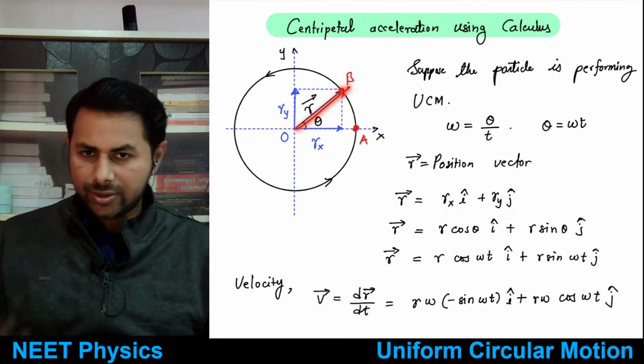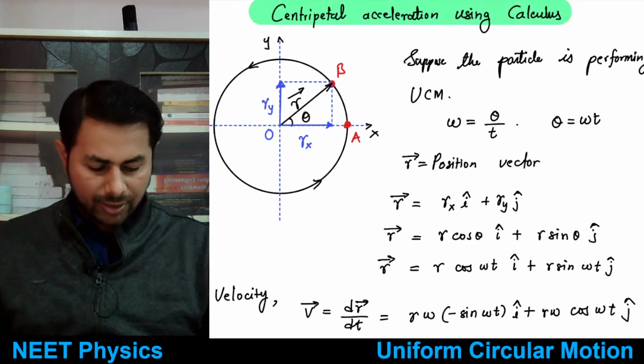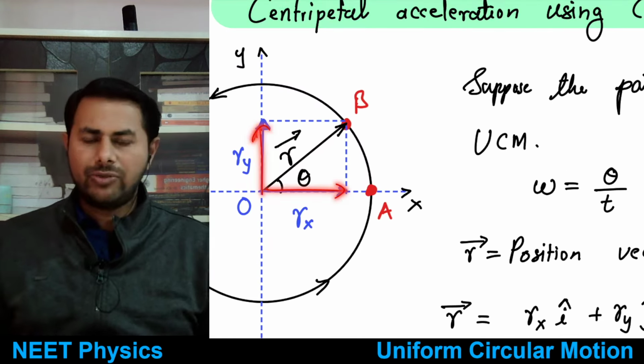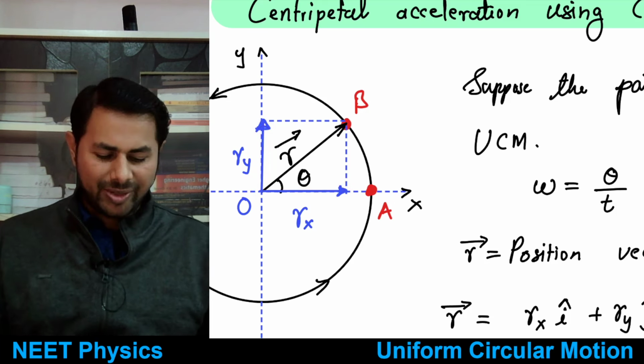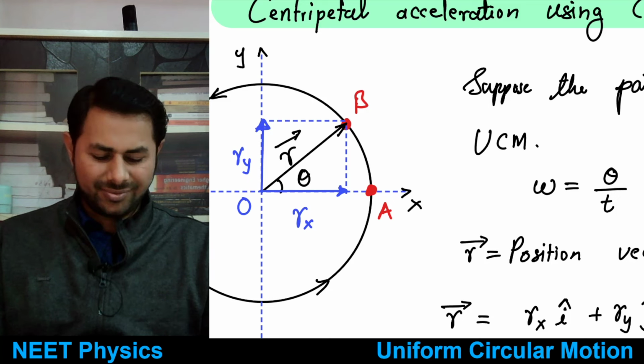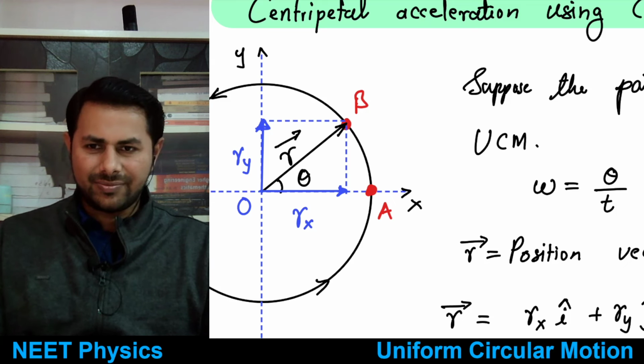We have seen the resolution, we know how to do that. Now you tell me what will be rx and ry. Which one will be r cos theta? Which one will be r sin theta? Rx is r cos theta and ry is r sin theta.